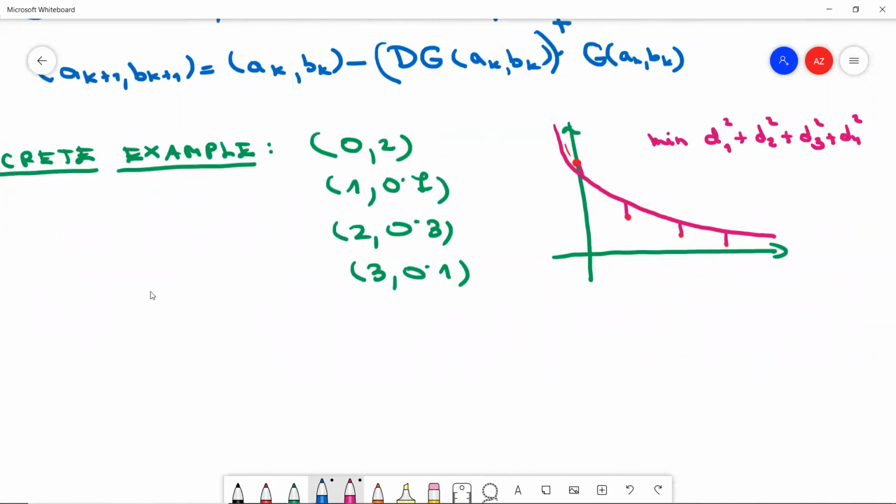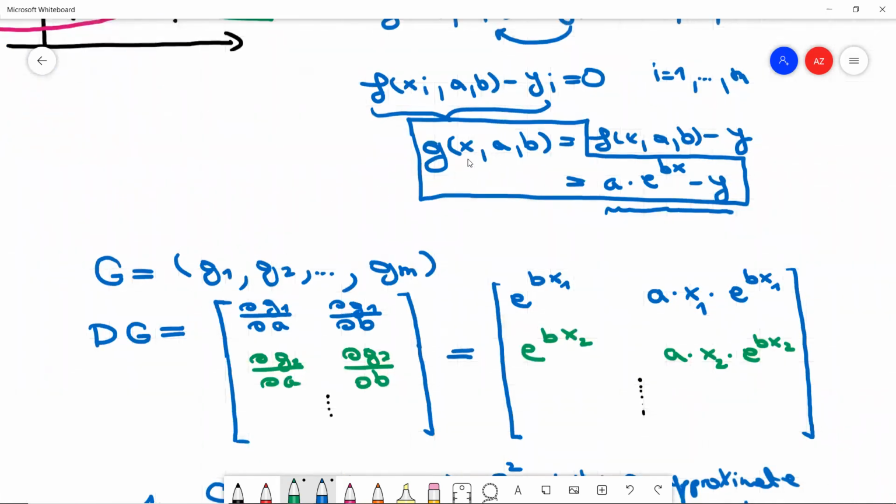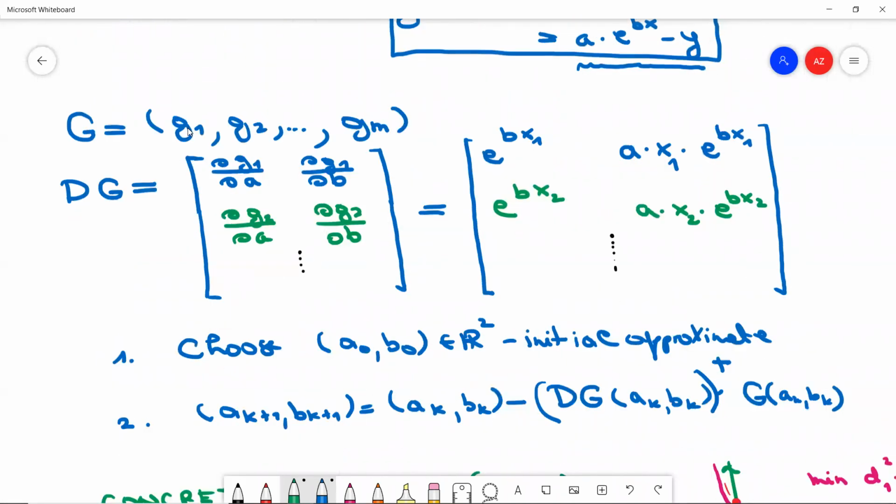So what is my G? You see here, my G has 4 points, so this capital G will have 4 coordinate functions, one for each data point.